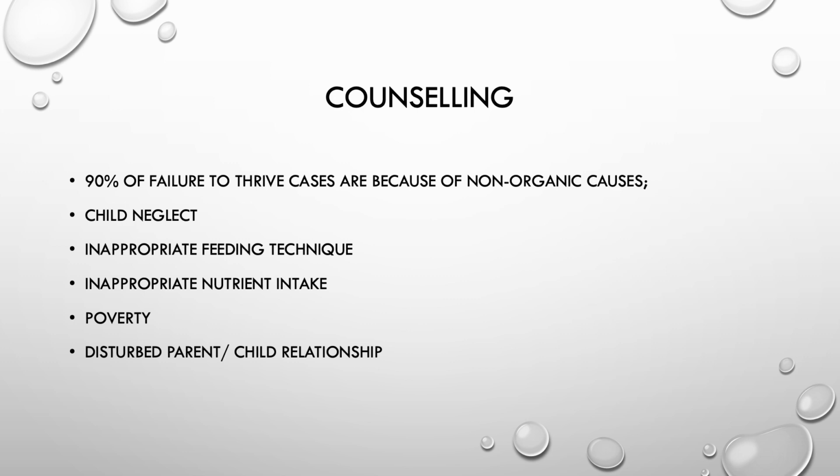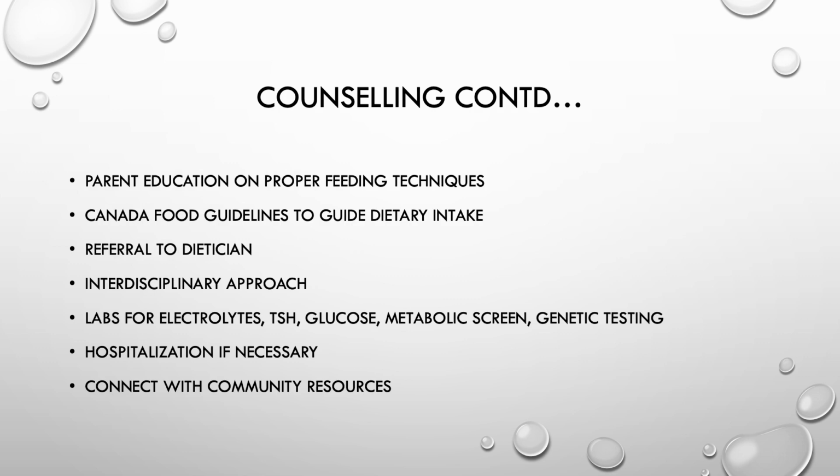Then you want to rule out inappropriate nutrient intake. So this inappropriate nutrient intake is what we could be dealing with in this situation. Poverty is also a common cause, and then disturbed parent-child relationship. You want to explore all of these options and ensure you talk to the patient and rule anyone out.